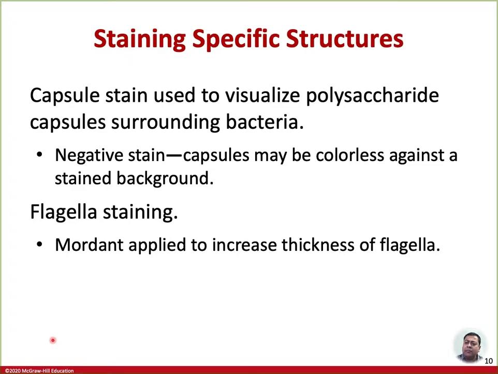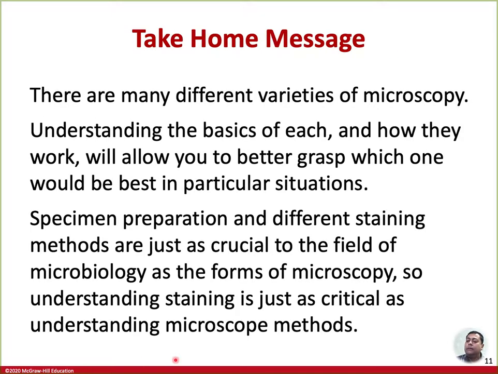And that's pretty much all the techniques that we need to learn in this chapter. When we go into the next chapter, chapter 3, it will make much more sense where the flagella are and how their distributions give them different types of names. Capsule stain, what are the capsules? We are going to talk about that as well.